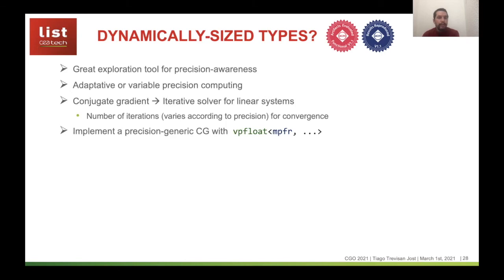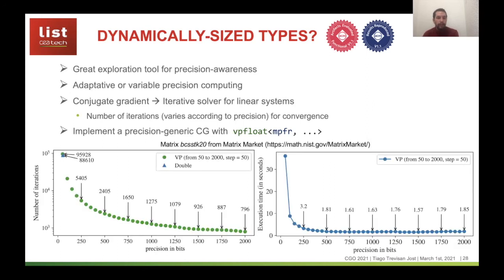So we implemented that in a precision generic conjugate gradient algorithm with the VP-Float MPFR. So we see here in the left graph that by increasing the number of bits in the algorithm, we can actually reduce the number of iterations.